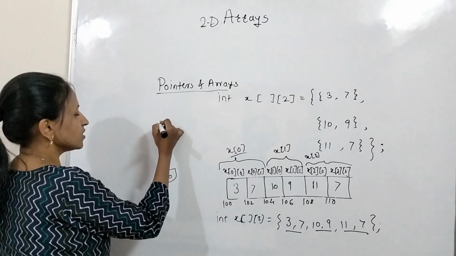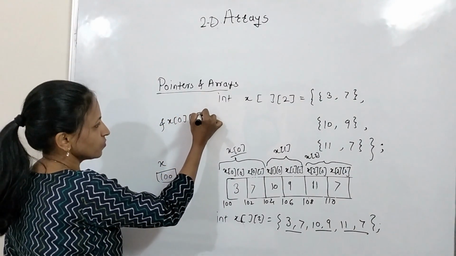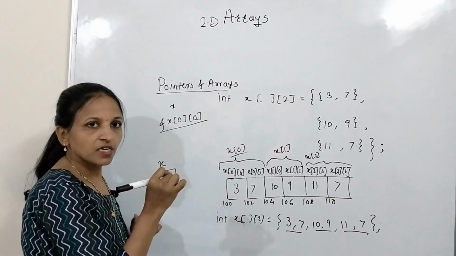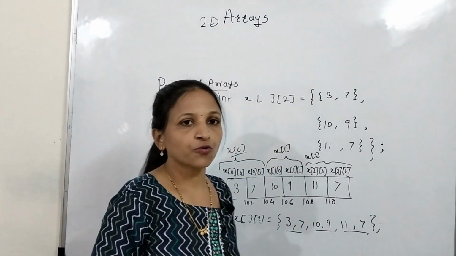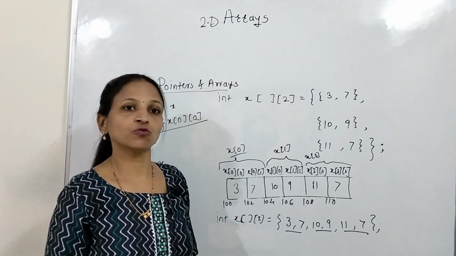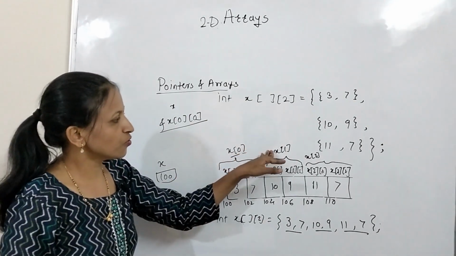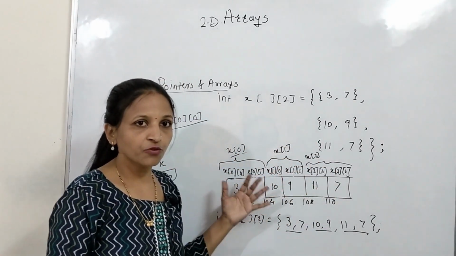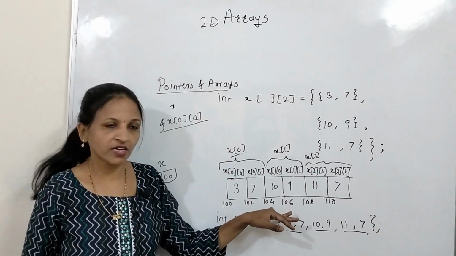Okay, now that is nothing but the address of x of 0, 0, that is nothing but x. Getting? Now if you want to fetch an individual row, that you want to get the base address of an individual array from that two-dimensional array, then that is again possible with the help of x of 0, x of 1 and x of 2. See, if you are displaying x of 0, then you will get address 100, x of 1 you will get address 104.